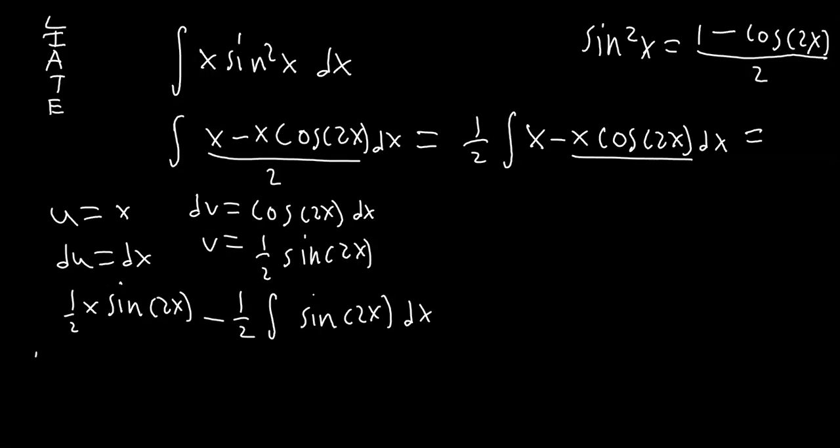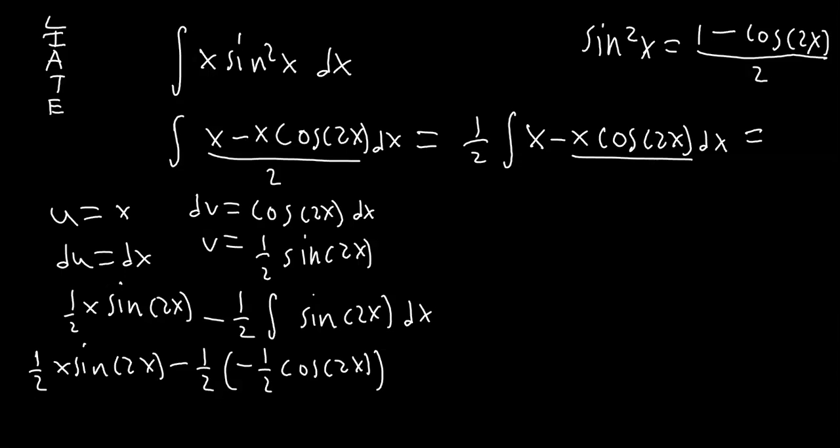So this will just give you 1/2 x sine 2x minus the integral of 1/2 sine of 2x, which gives negative 1/2 times cosine of 2x. Now the reason it's negative is because the derivative of cosine of 2x is negative 2 sine of 2x, and then the negative 1/2 with negative sine 2x would just cancel out, and the derivative of 2x would just be 2, so that would cancel out with the 1/2, and then you would get sine of 2x in the end.